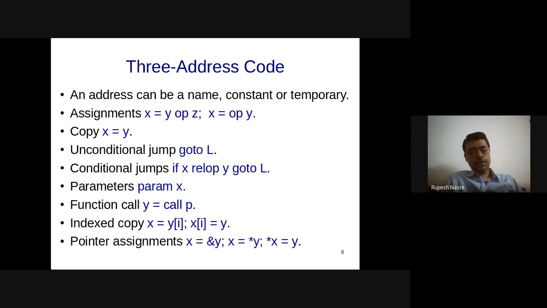Anybody sees any other statements that we have missed out? Okay, so most often the other statements that might come to your mind are typically syntactic sugars, which can be lowered into this 3-address code form.